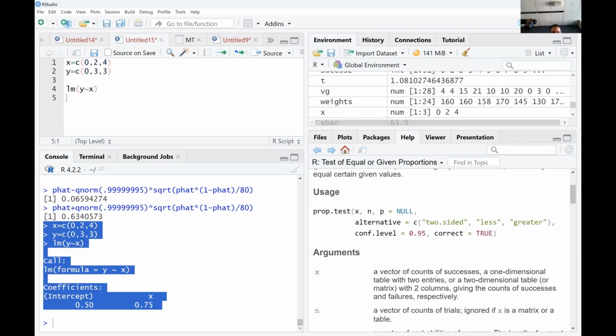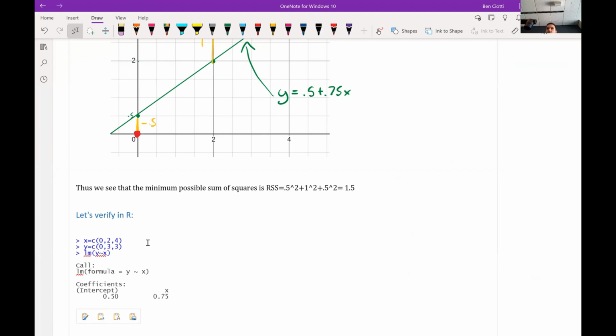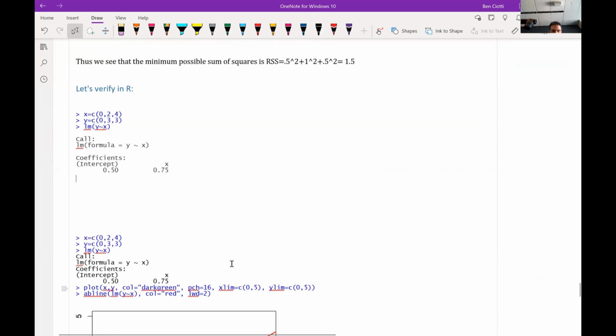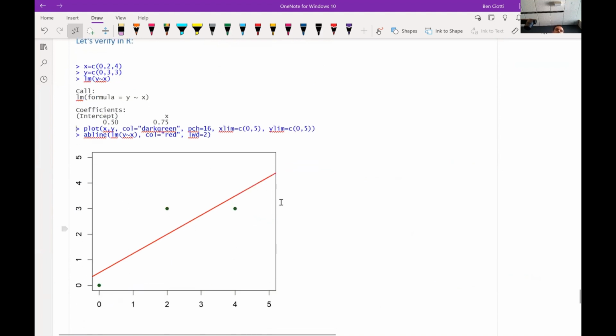So we thus see how R computes the coefficients of a linear model. And there's the same line that we just computed and the same 3 points.